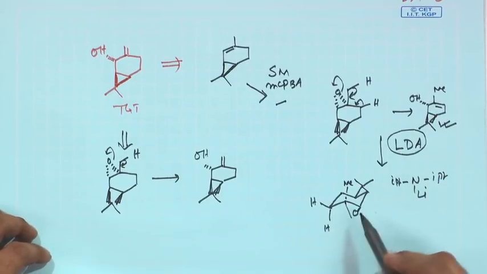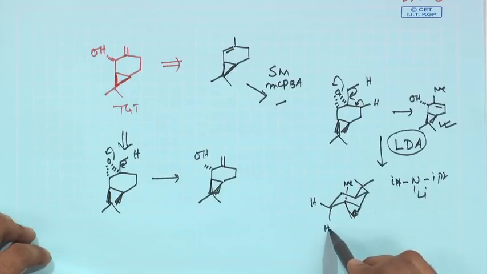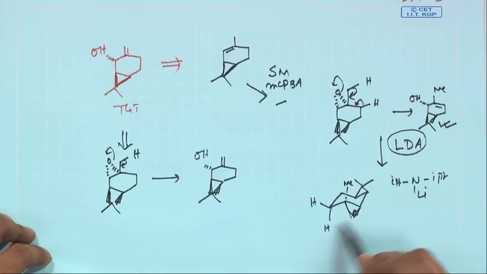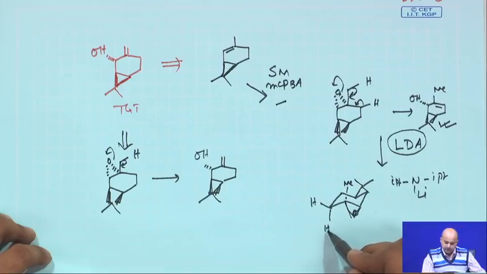And in my opinion, if you see the particular stereochemistry here, the hydrogen which is close to the epoxy oxygen, it is always a possibility that LDA might pick up this hydrogen and then do this kind of thing.